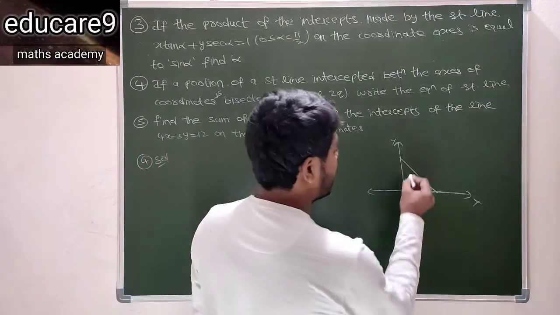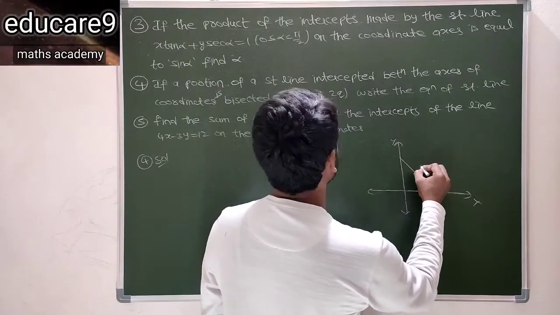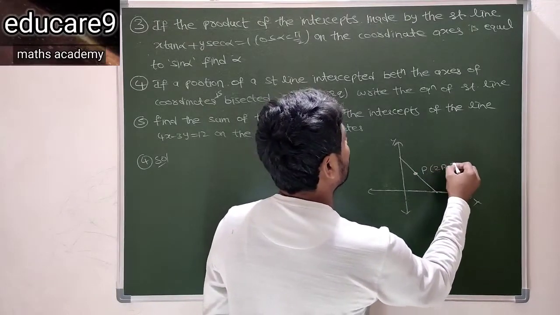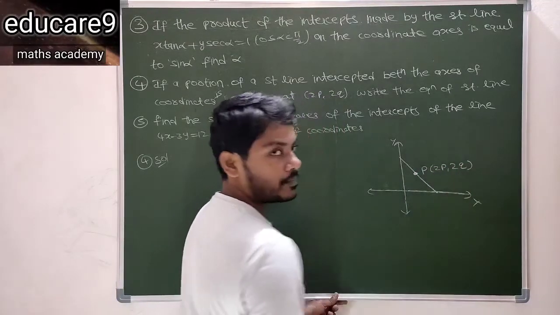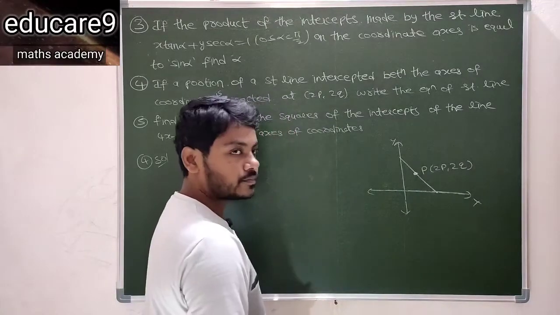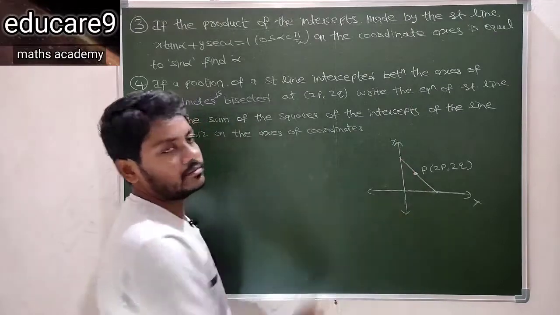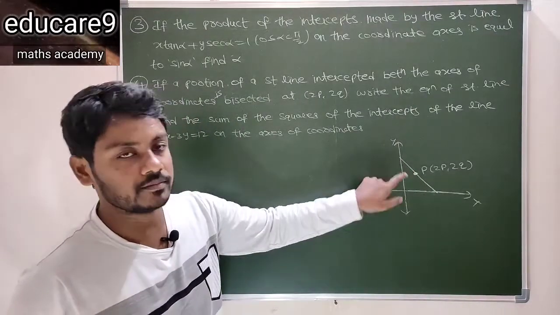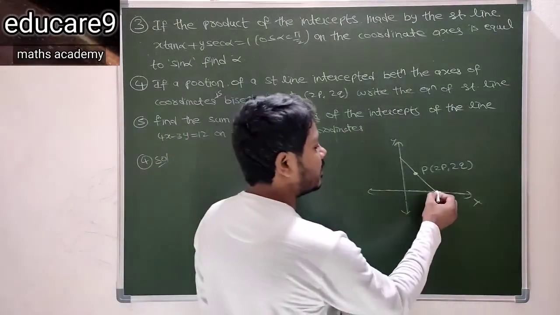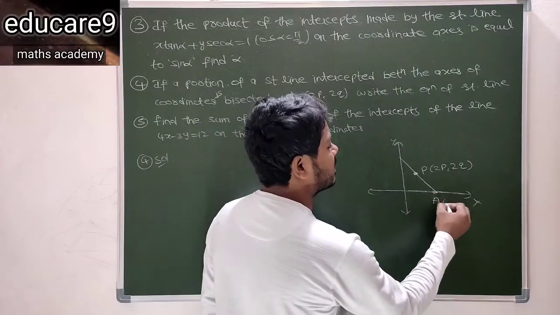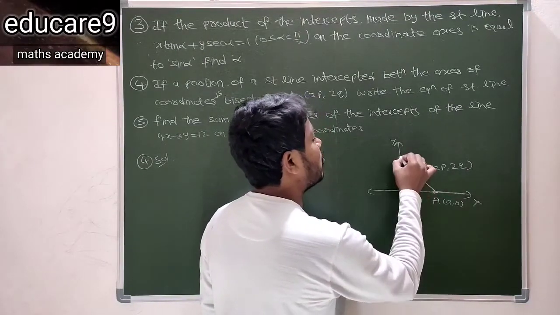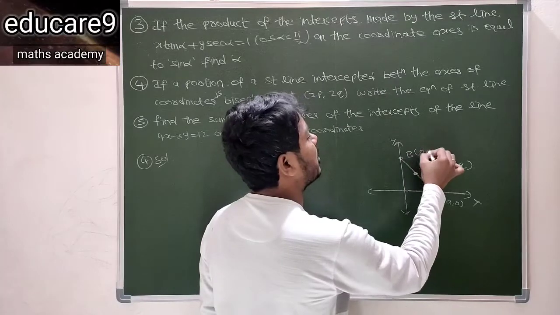The straight line is bisected at the given point, that is 2p comma 2q. So write the equation of the straight line. So you need to write this equation. So see here, let the straight line intersect the x-axis at a comma 0 and the y-axis at 0 comma b.